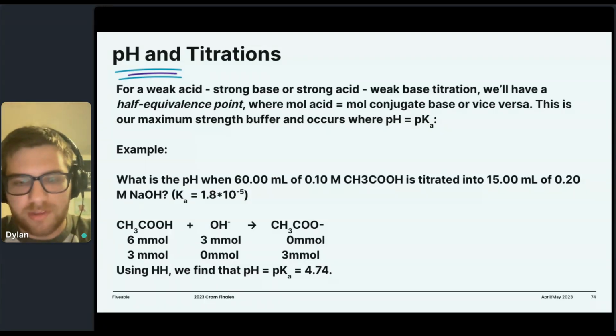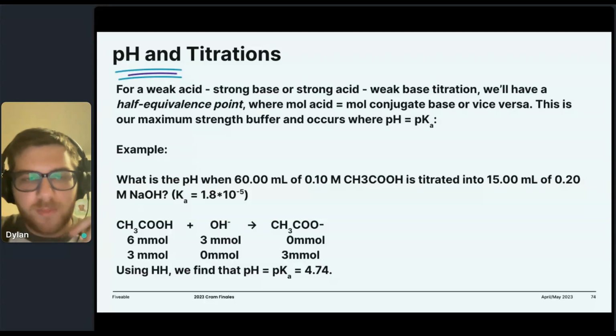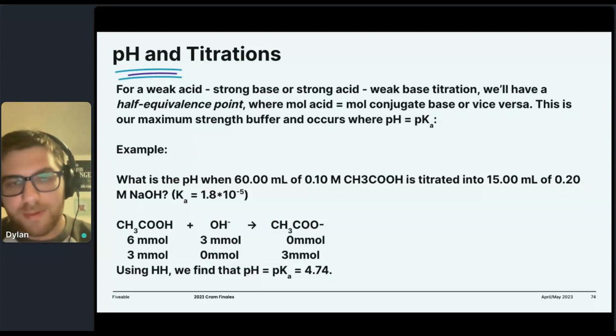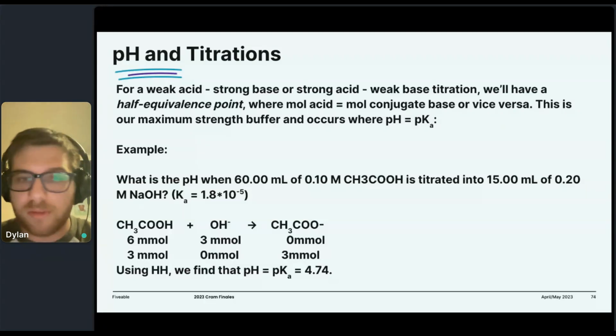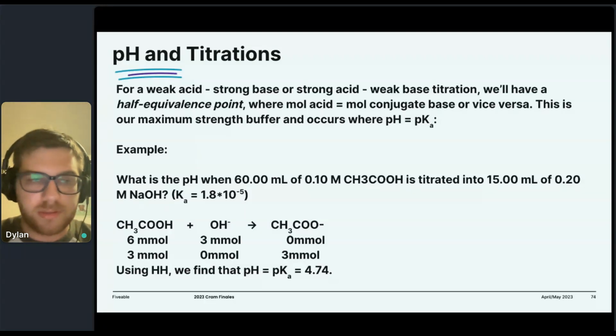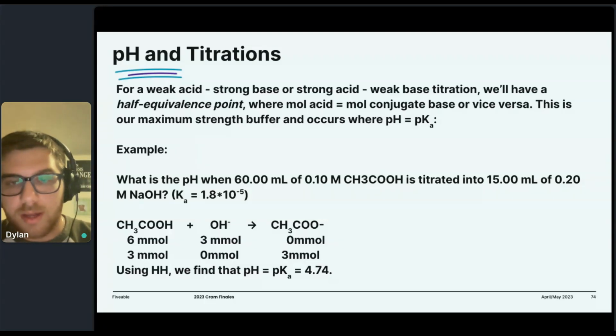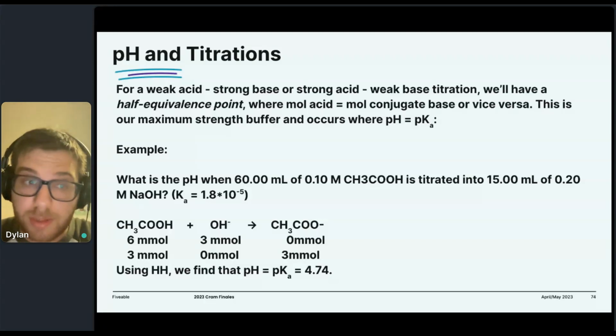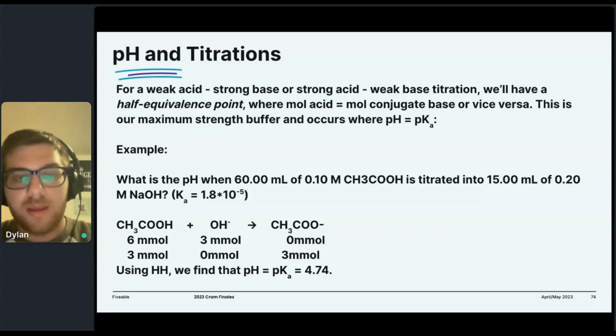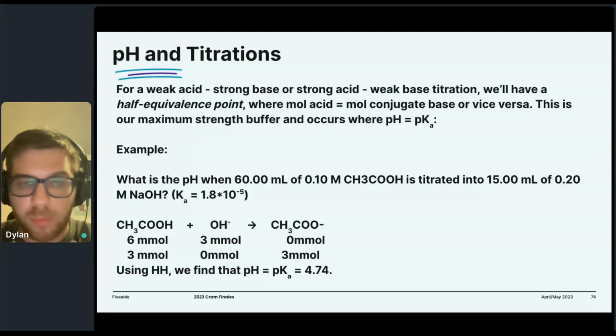We get 6 millimoles of acetic acid, 3 millimoles of hydroxide, and we start with no acetate. We have a reaction go fully forward, do the stoichiometry, and we find we have 3 millimoles of CH3COOH, 3 millimoles of acetate in a total 75 milliliter solution. We plug all those numbers into the Henderson-Hasselbalch, and we find that pH equals pKa at 4.74. So that is kind of an interesting consequence of titrations.